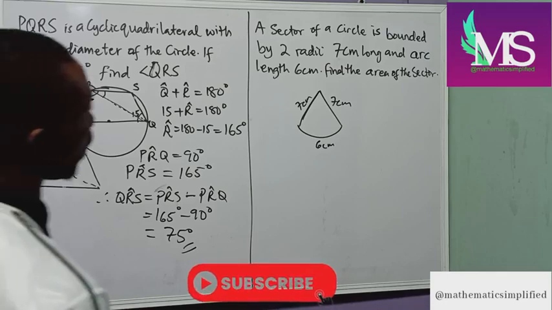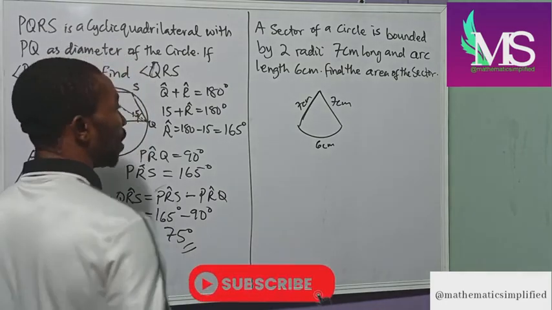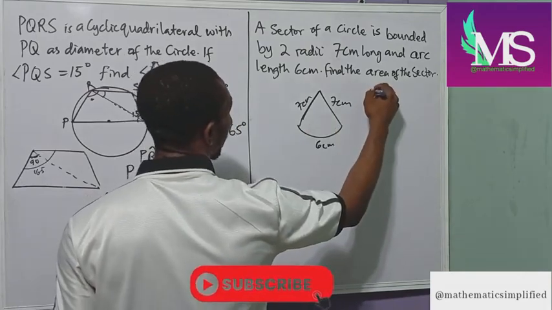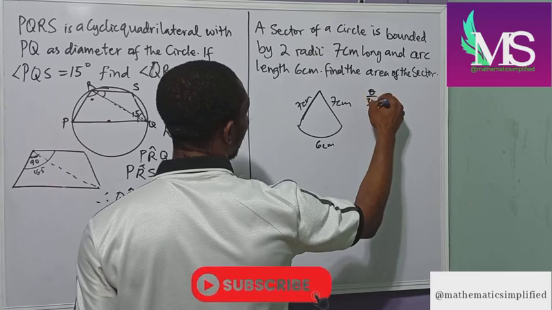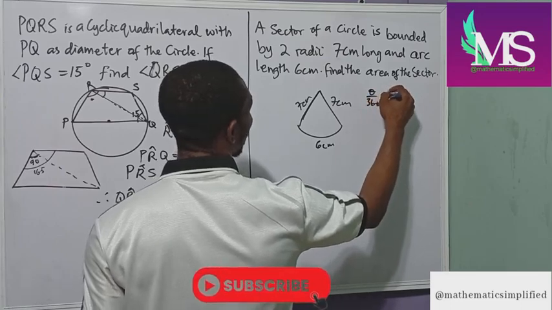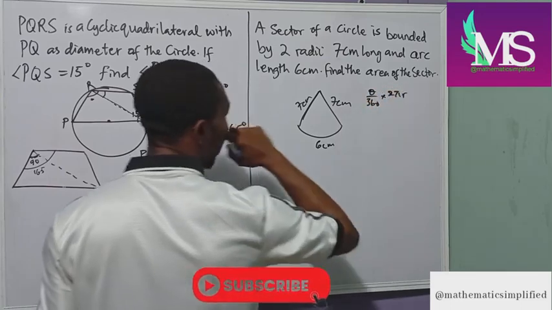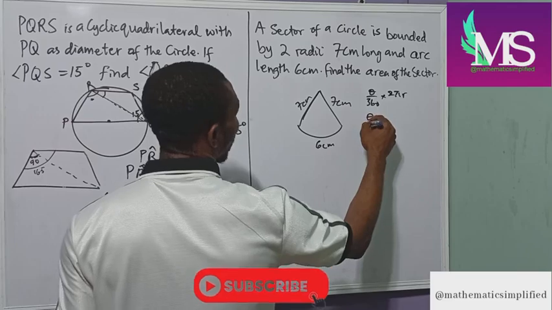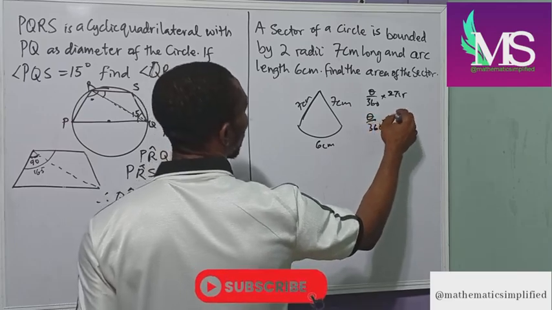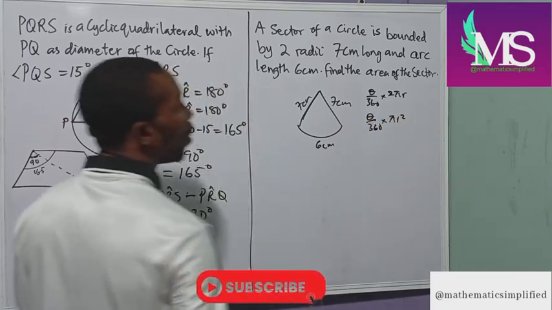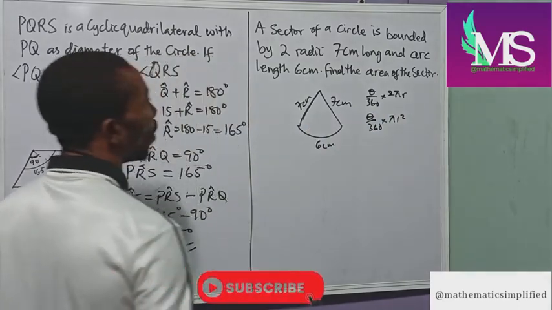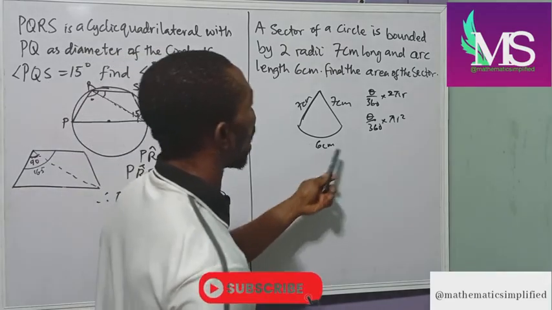Now, for us to find the area of our sector, normally we have our formula for arc length as theta over 360 times 2 pi r. For area of a sector, we have theta over 360 times pi r squared. But now we do not have our theta, but we have our length of arc.